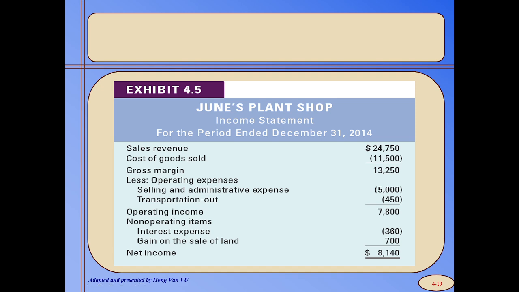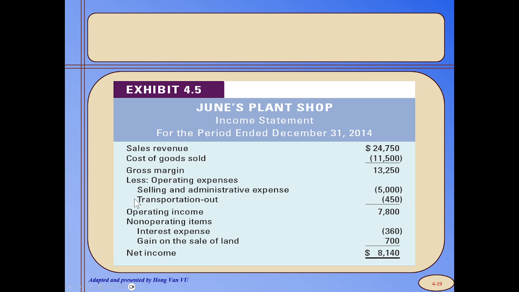This is called a multiple step income statement. Income statements that display a single comparison of total revenues and total expenses are called single-step income statements. A multiple step income statement separates cost of goods sold from other expenses in order to show the company's gross margin.